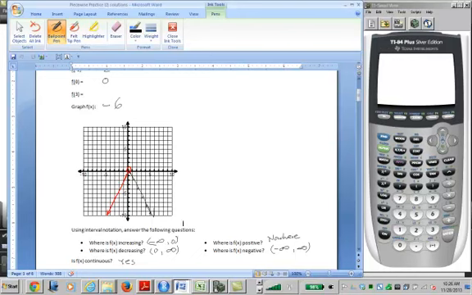Now there's a couple of reasons for that, but let's just say we will always use parentheses for increasing or decreasing intervals. Always use parentheses for increasing or decreasing intervals.